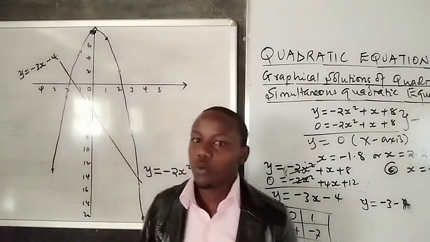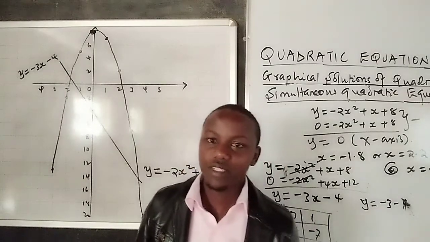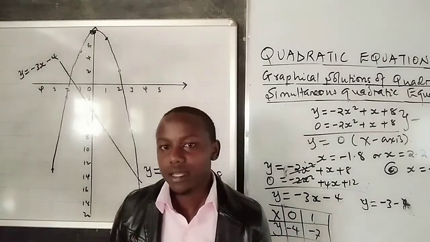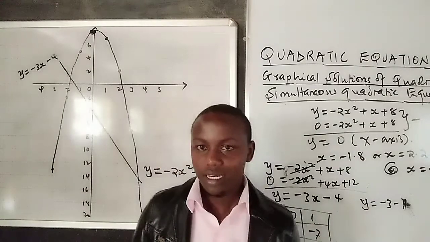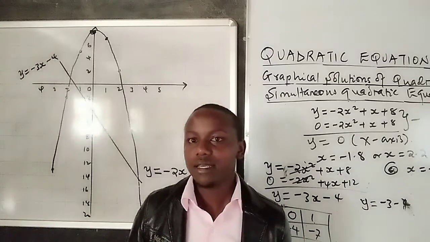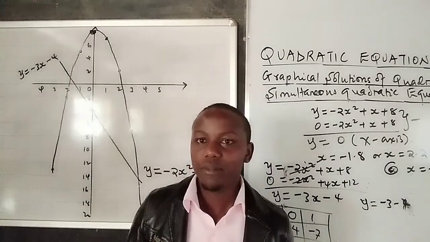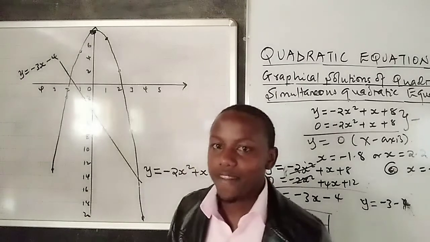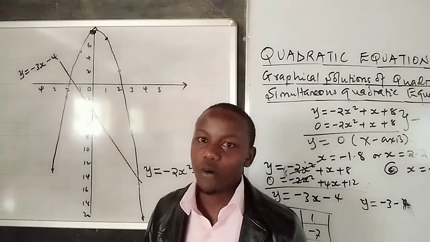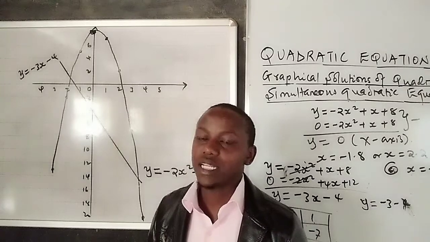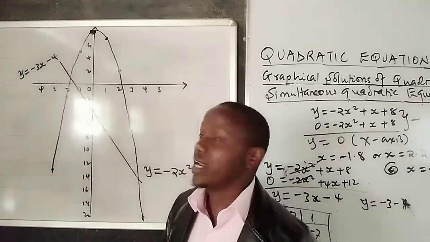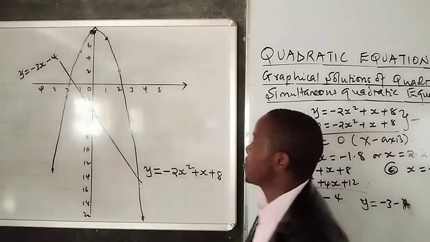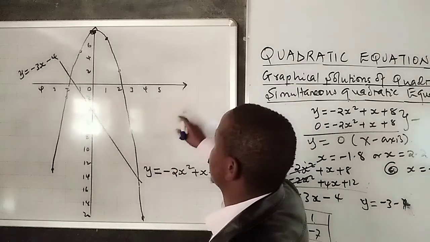Now, when told to solve simultaneously, you'll be plotting the curve and the line on the same axis. Then after plotting them, what you extract is where they are intersecting. You pick it as a coordinate, and that is the solution.